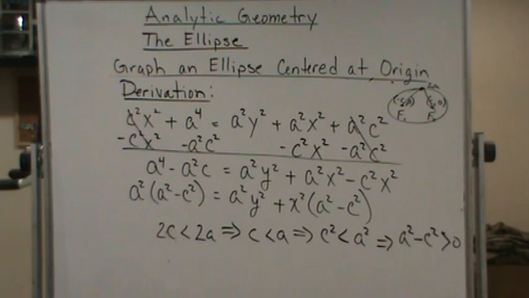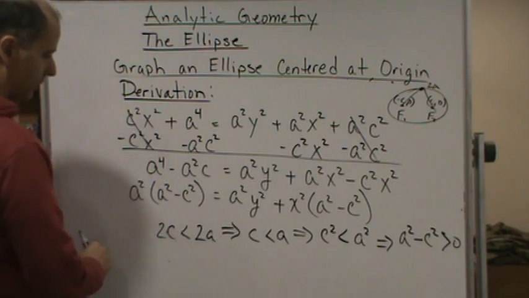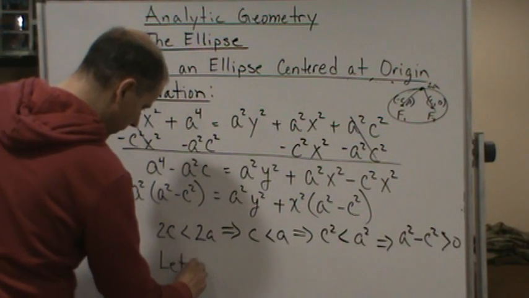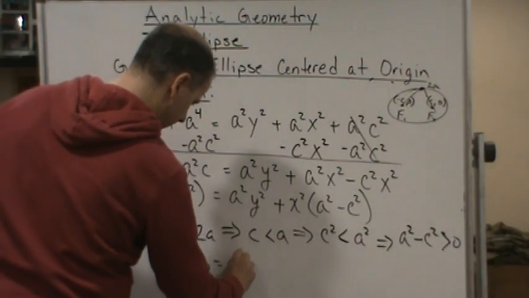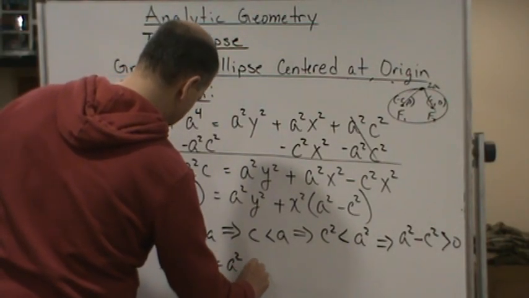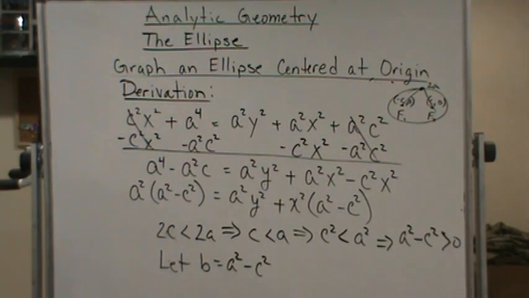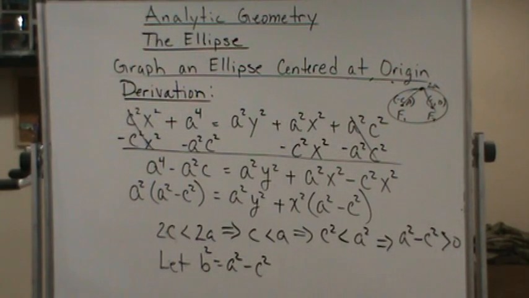Okay, now, so we know it has to be positive, right? So we know that these values have to be positive, whatever they are. So let b squared equal this difference, a squared minus c squared.